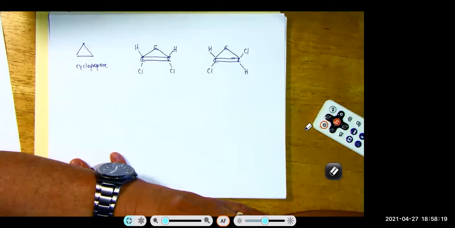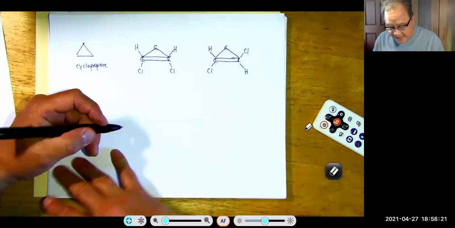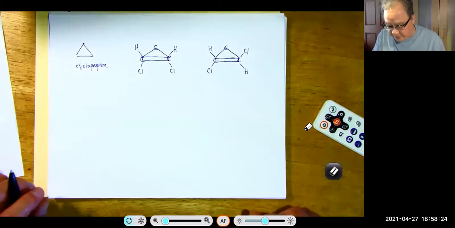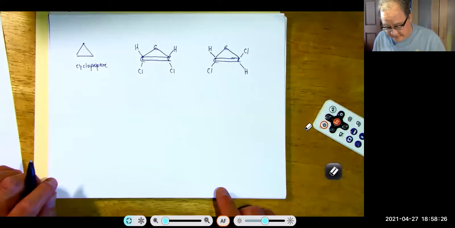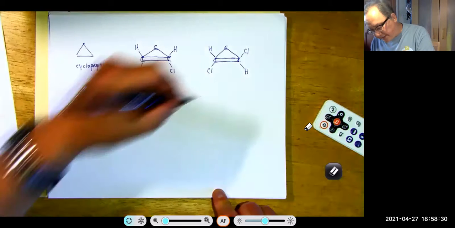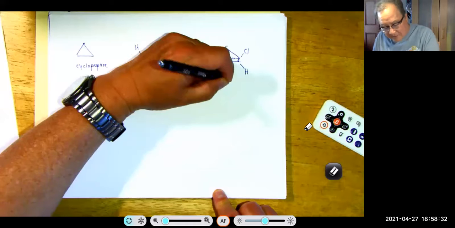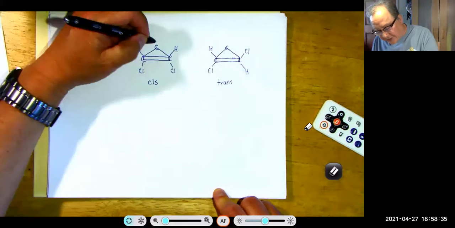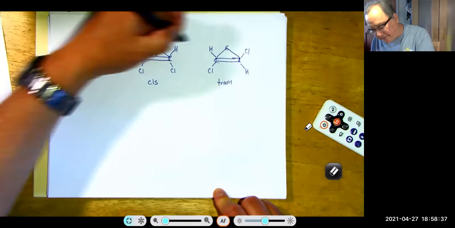Which one would be the same side version, the left or the right? Left. And that is cis. And this is trans. Now you might be wondering about the carbon in back. Well, it's got a hydrogen here and a hydrogen here going up and down.